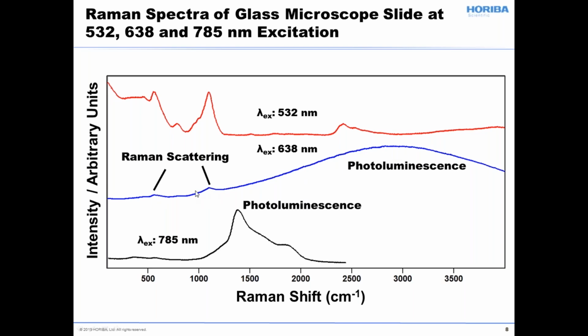So now you can still see a little bit of the Raman scattering, but it's really weak relative to the photoluminescence. And here at 785, you can barely see the Raman scattering compared to the very intense photoluminescence out in this very important region, between at least from 1,000 beyond 2,000 in the fingerprint region.